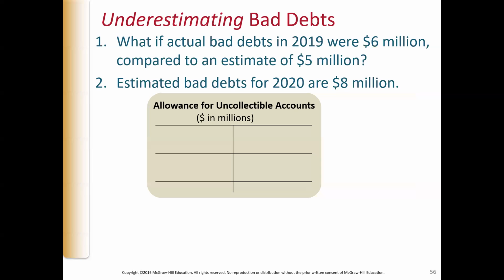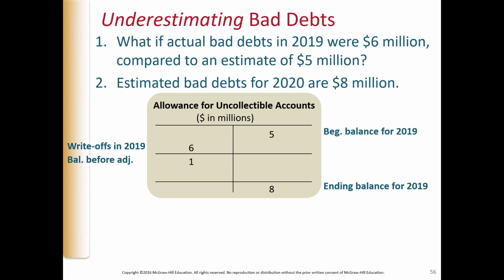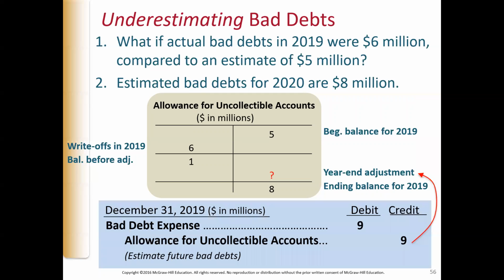What if actual bad debts in 2019 were $6 million compared to an estimate of $5 million? Do you see how we understated it that year? And then if we estimated bad debts in 2020 to be $8 million, we will have to show the bad debt expense to be $9 million in order to come up with the balance here of $8 million.